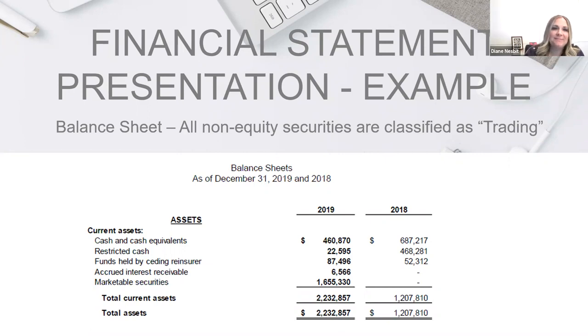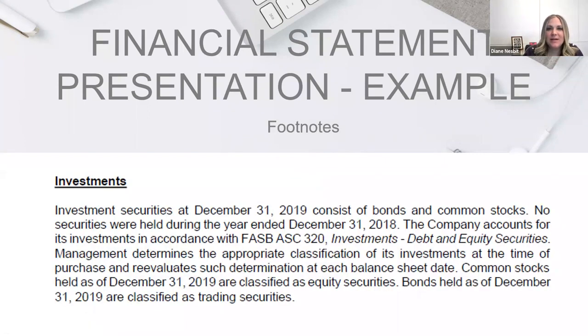Okay, next slide. Okay, here I just want to talk through your footnote disclosure on your accounting policy for investments. So here it talks about the investment securities as of the reporting date consisting of bonds and common stocks. And in the prior year, there weren't any held.